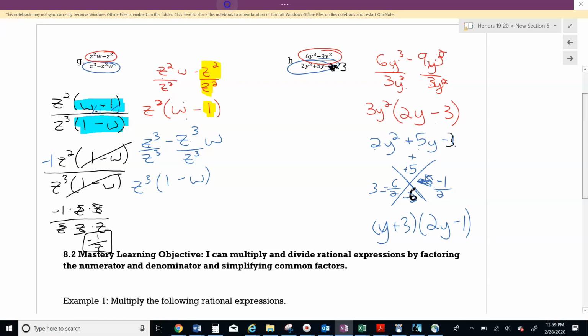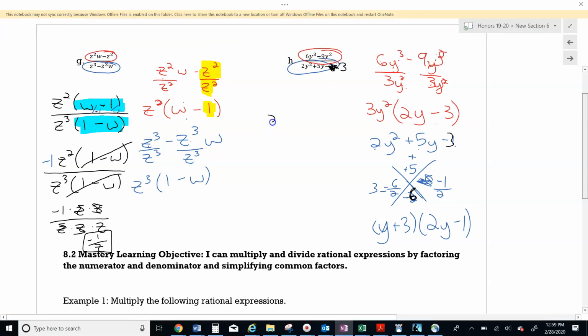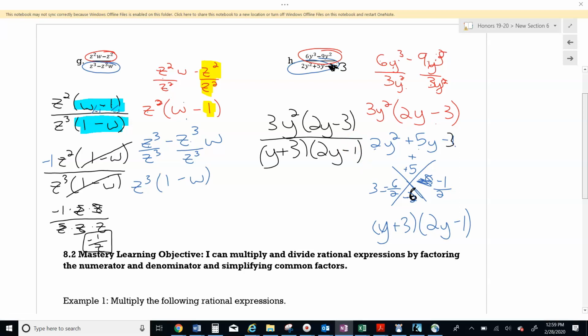That didn't do anything. Okay, so my two forms are 3y squared over 2y minus 3 and y plus 3 over 2y minus 1. And this problem actually doesn't do anything. This already is simplified. There's nothing I can cancel.